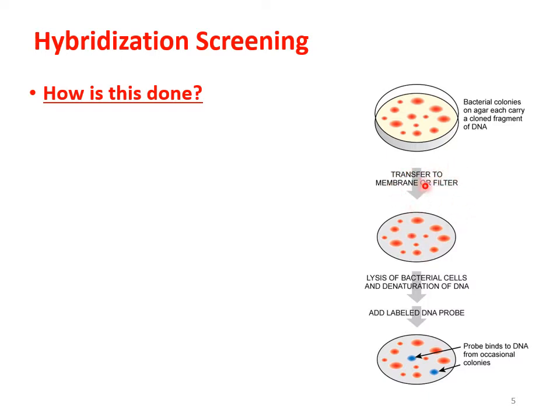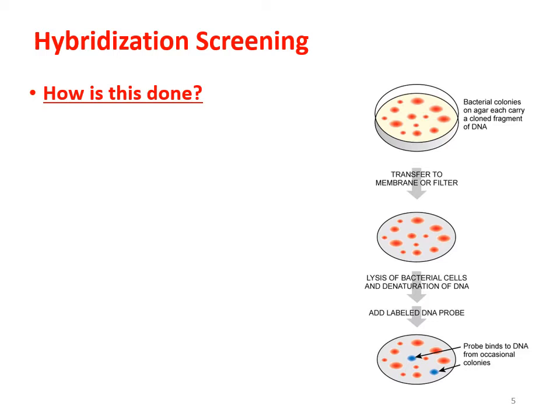You then lyse these bacteria, and you denature the DNA with alkaline or very basic solution. Okay? So now when you have denatured DNA, what do you know about single-stranded DNA? Well, single-stranded DNA will like to try and find its partner. Okay, it will want to stick to its partner.